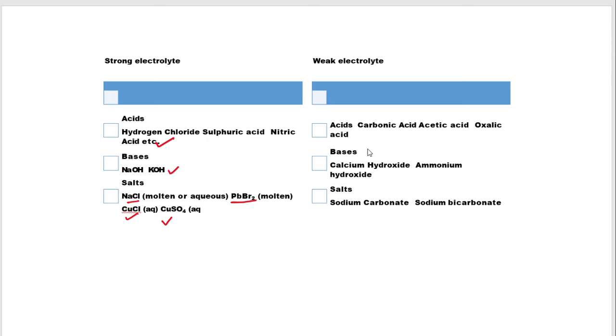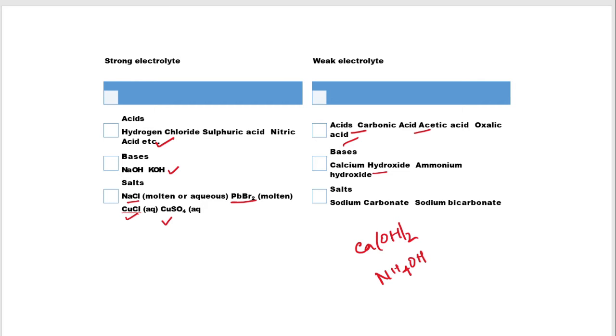But all your organic acids like carbonic acid, acetic acid, oxalic acid are weak electrolytes. Weak bases like calcium hydroxide and ammonium hydroxide are weak electrolytes. Similarly, the salts which are composed of any weak acid or weak base will themselves become weak electrolytes.